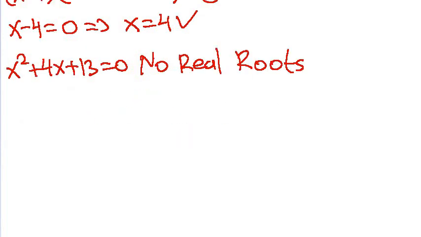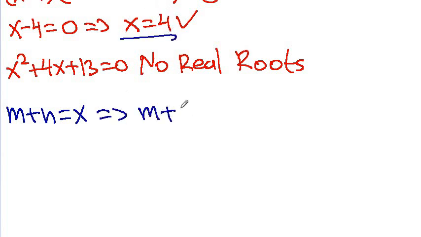Okay, now finally, as we remember, m plus n was x. So here x is equal to 4, therefore m plus n is equal to 4.